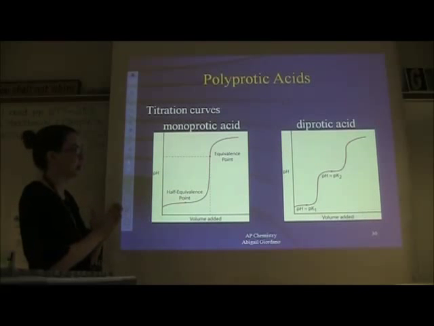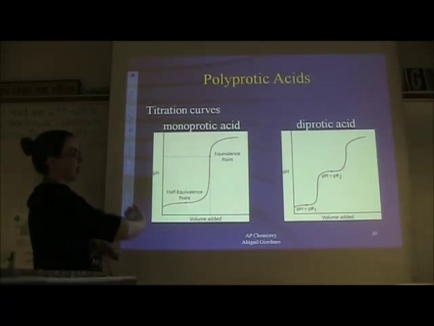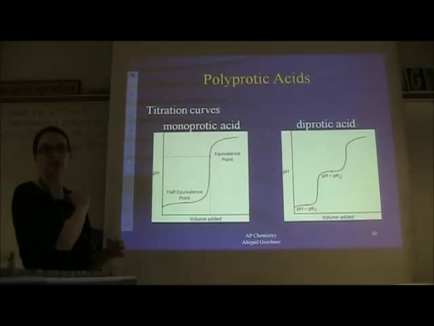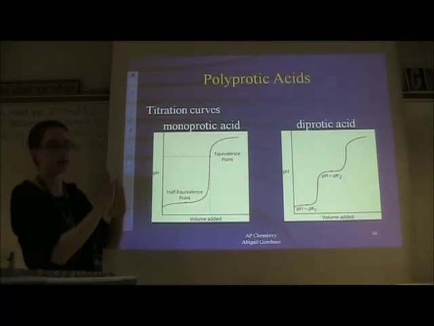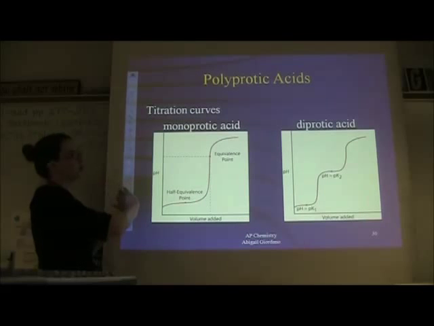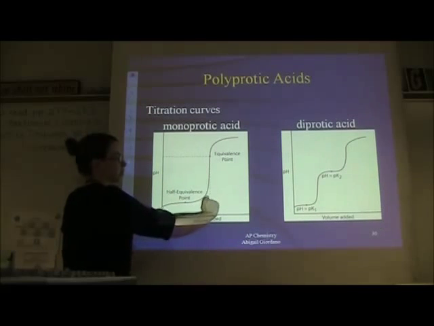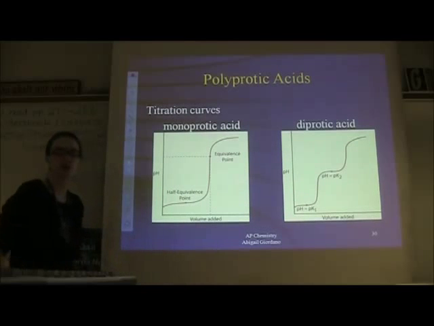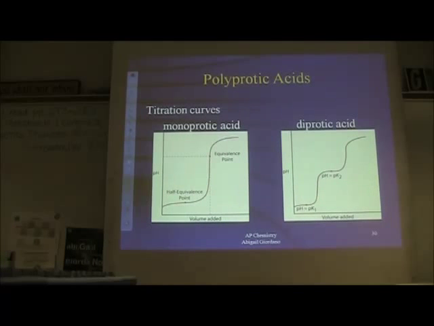I'm not going to get into the details of this. All I want you to recognize here is that a monoprotic acid, meaning just one hydrogen, when you are doing a titration, has this characteristic S-shaped curve. Notice the graph on the right, a diprotic acid, something that has 2 hydrogens to give. Can you see that there are 2 S's?